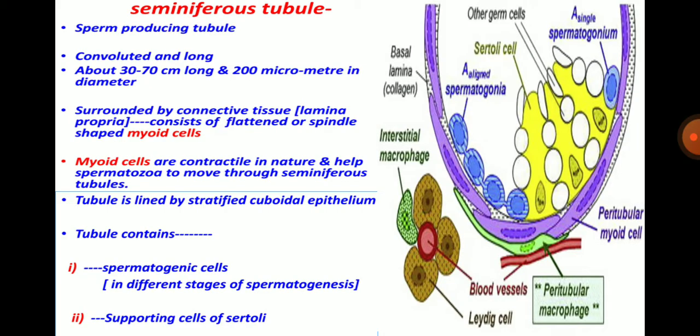Here you can mention the seminiferous tubules have two types of cells, the spermatogenic cells that form sperms, and the Sertoli cells, which are the supporting cells. This is the diagrammatic representation of the seminiferous tubules showing a number of structures.